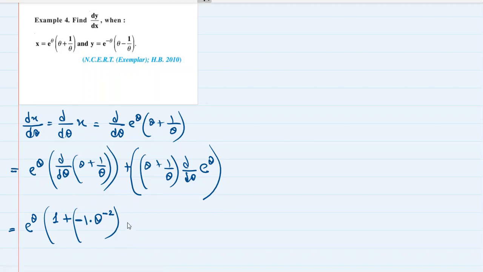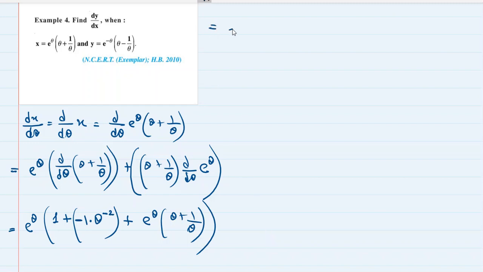So we have the second term over here, that is theta plus 1 by theta, into d by d theta of e raised to theta, which is e raised to theta. So we get e raised to theta times (theta plus 1 by theta). Let's simplify this.